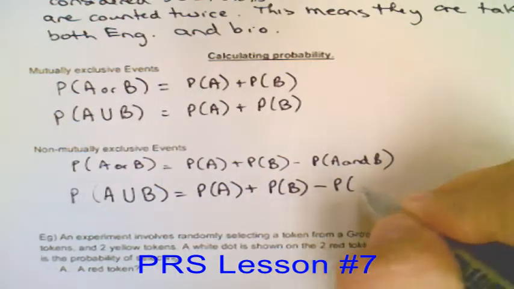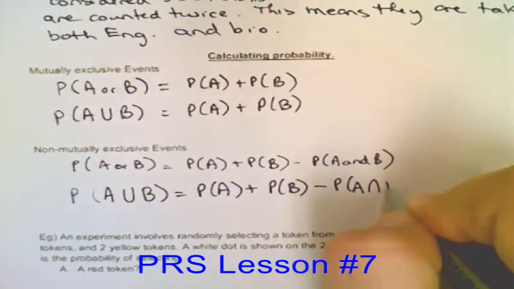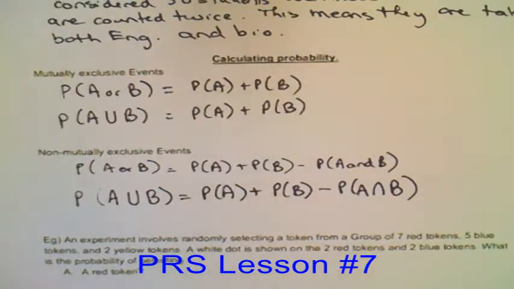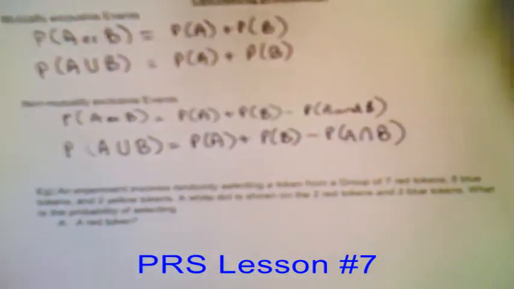So I counted them twice, so I have to subtract one counting. Okay? In that case there, you've got the same thing. So you've got A or B, and that's the probability of A plus the probability of B minus the probability of the intersection of those. So A intersection B. Okay, you've got that overlap.